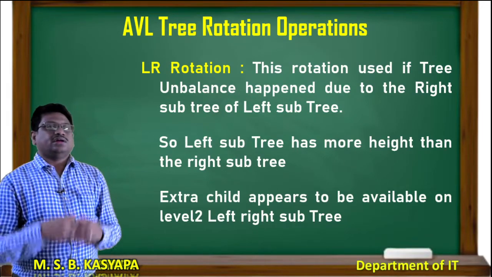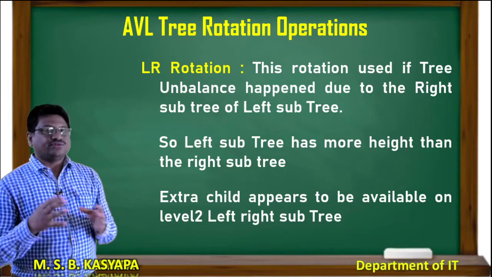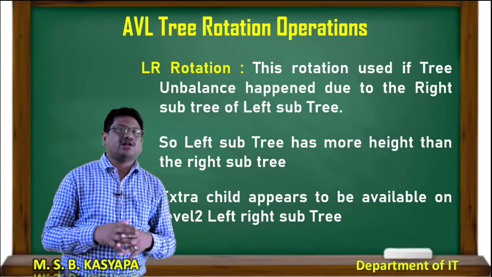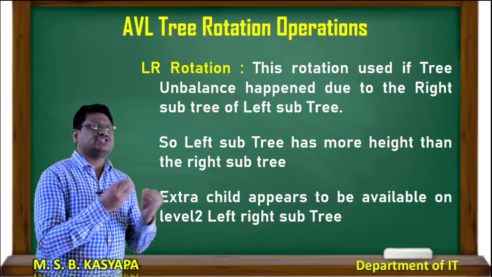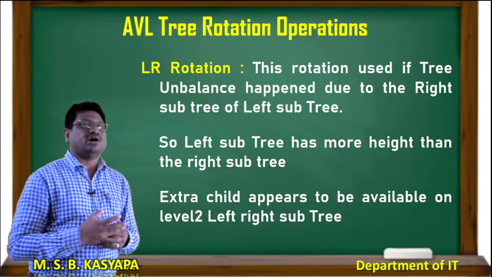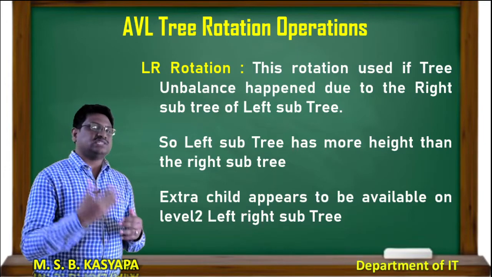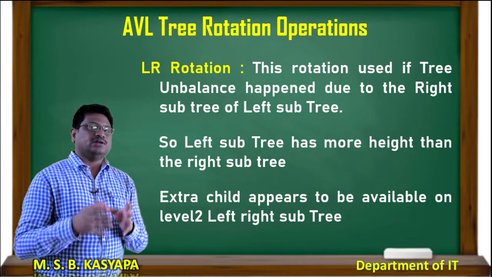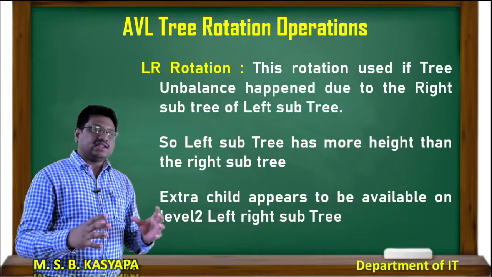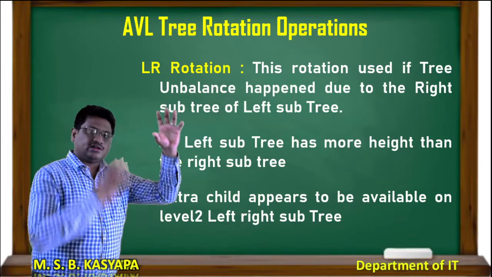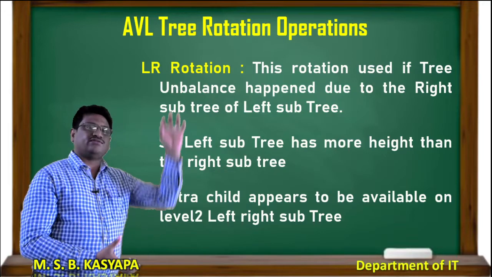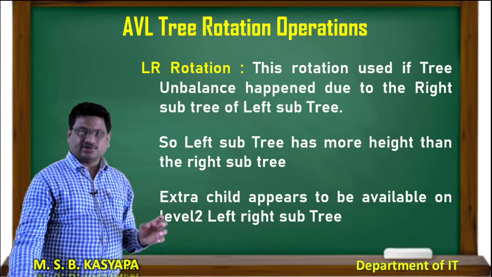Okay. Now let us move to the LR rotation. If you know one rotation, then you can automatically convert those steps with a little bit of changes to the other rotation. So it is in the LR. Now LR, left, right. That means the imbalance happened because of the right child of the left subtree.